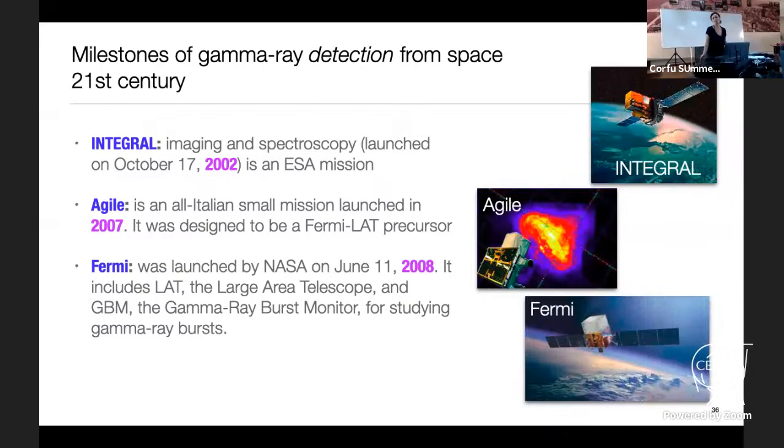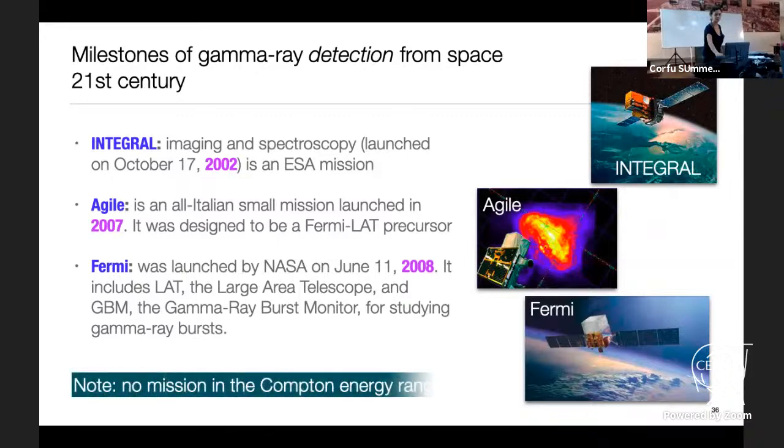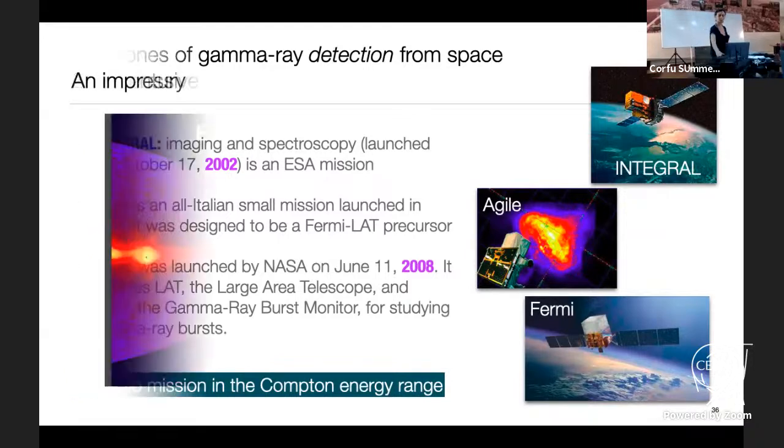Once Fermi was launched, of course, it overcame the other instruments in the Fermi energy band. So this is the first overview of all the instruments. At the moment, we do not have any emission in the quantum energy range.